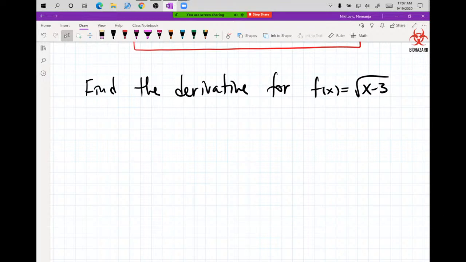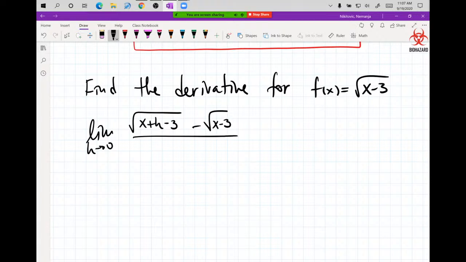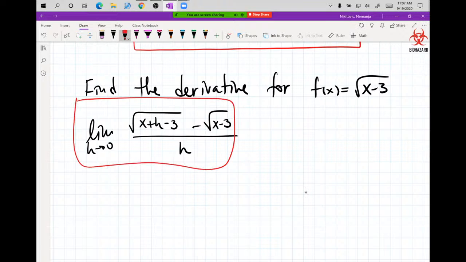We're going to do the limit as h goes to 0 of f of x plus h minus f of x divided by h. This is now a 2.3 problem to solve.